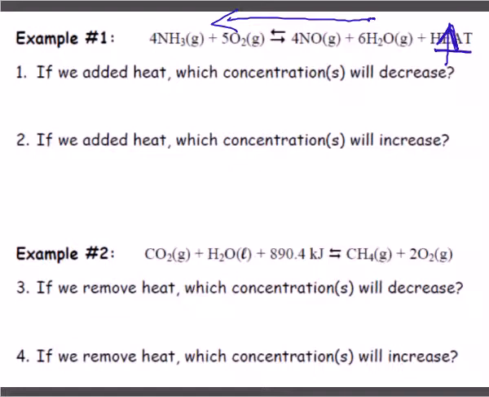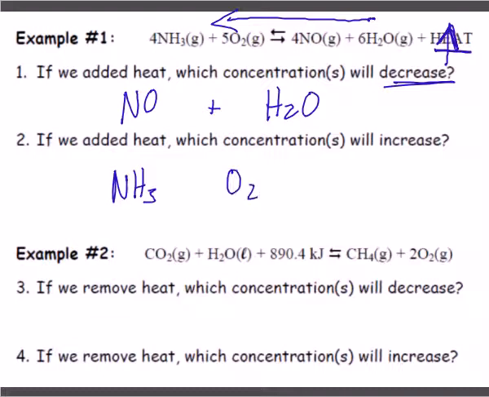Which concentrations will decrease? NO and water. If we add heat, which concentrations will increase? Ammonia and oxygen. It's not too bad. You guys are going to practice this on Monday.